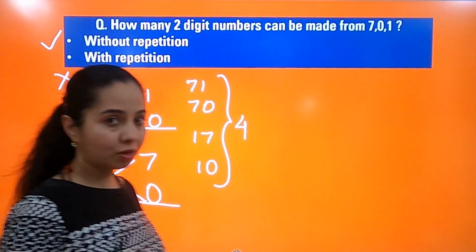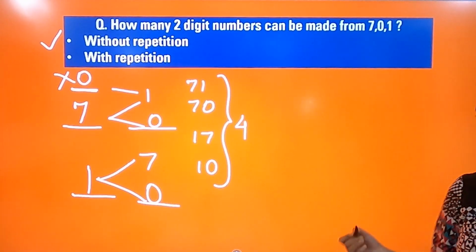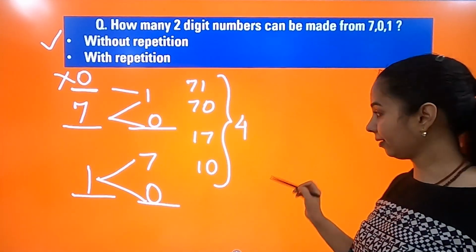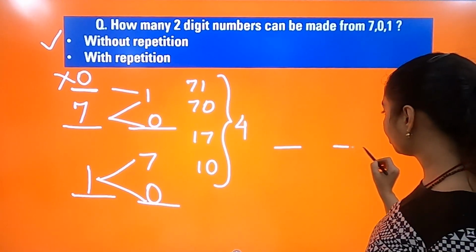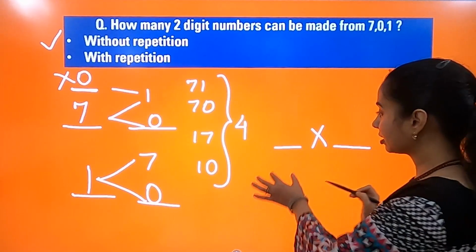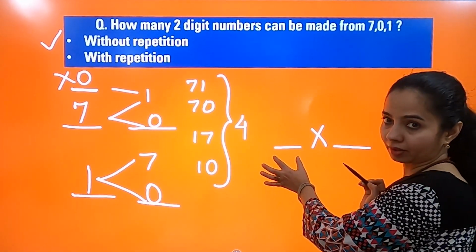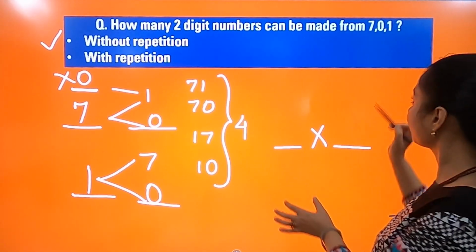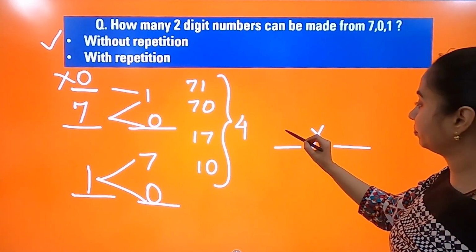Now if we know how to use the formula, we can again get the same answer directly. We have to make a 2-digit number. We just have to see how many options are there with us for this place. How many? 1 and 2.